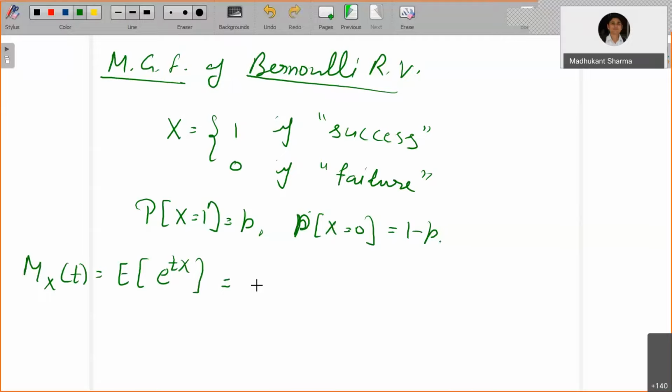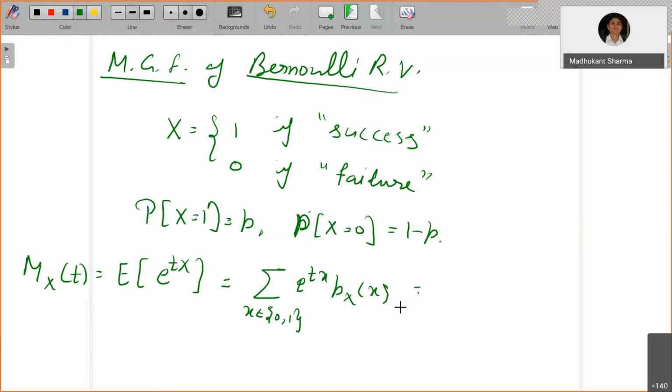We are interested in expectation of e to the power tX, so this is equal to summation of e to the power tx times p_X(x), where x belongs to 0 and 1.